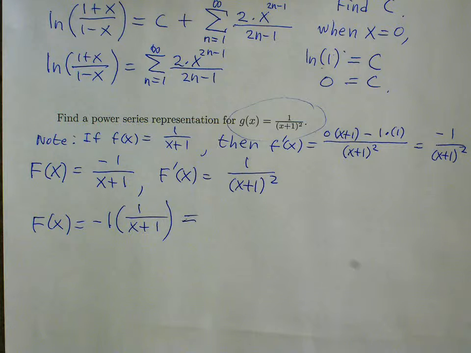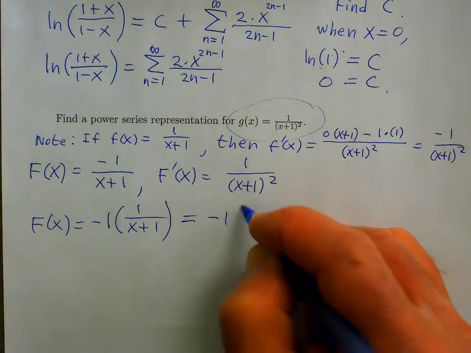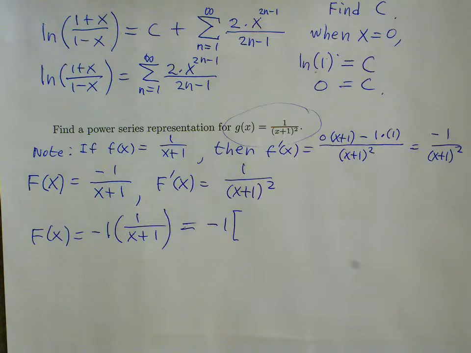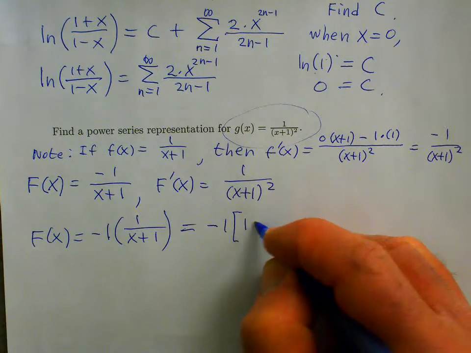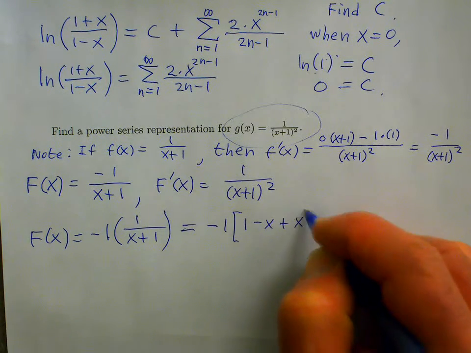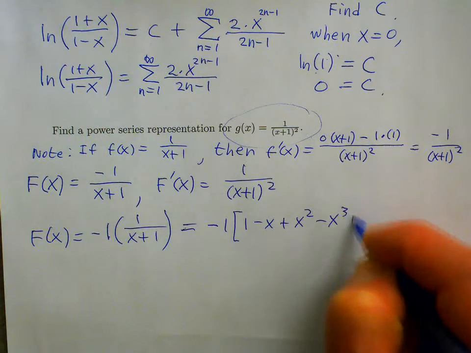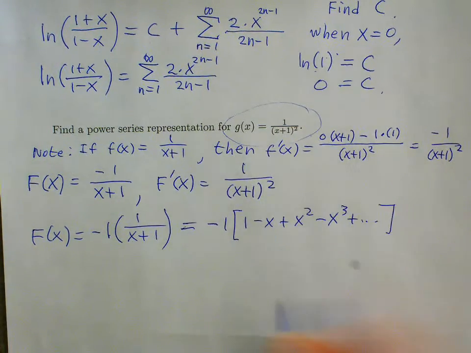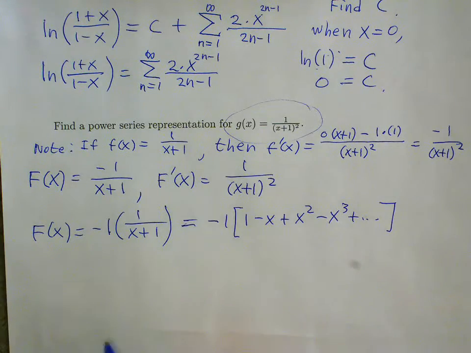So I haven't run out of time yet, so this is negative 1 times 1 over 1 plus x, that's 1 minus x plus x squared minus x to the third, and so on. That's the power series expansion.